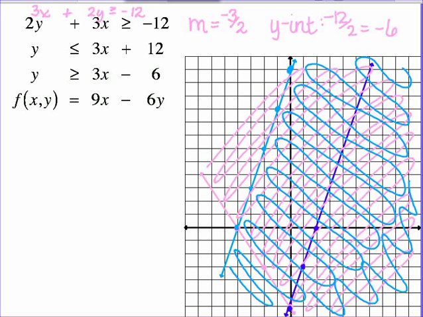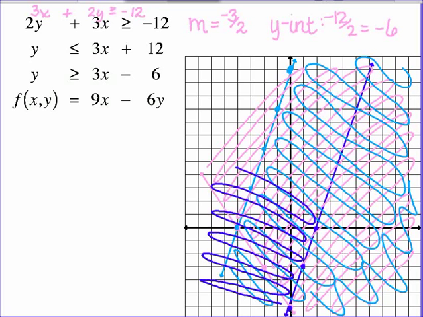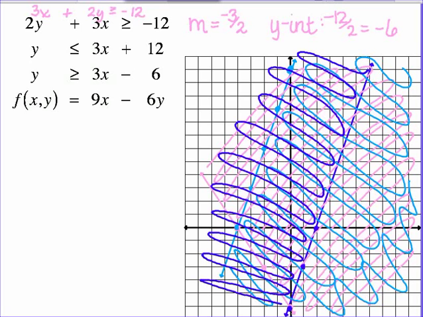To the left, good. So now we're looking for places where all 3 are shaded. Right there. So there's 1.